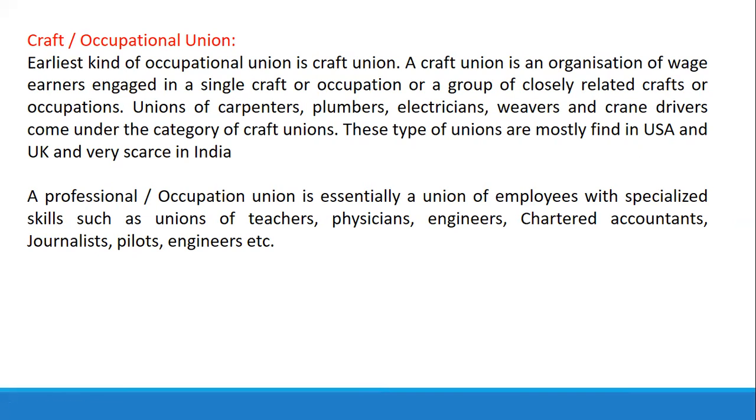A craft union is an organization of wage earners engaged in a single craft or occupation or a group of closely related crafts. For example, unions of carpenters, plumbers, electricians, weavers, and crane drivers. They are all coming under the category of craft union.